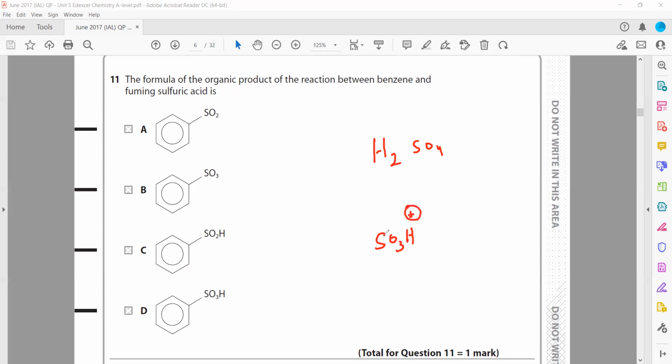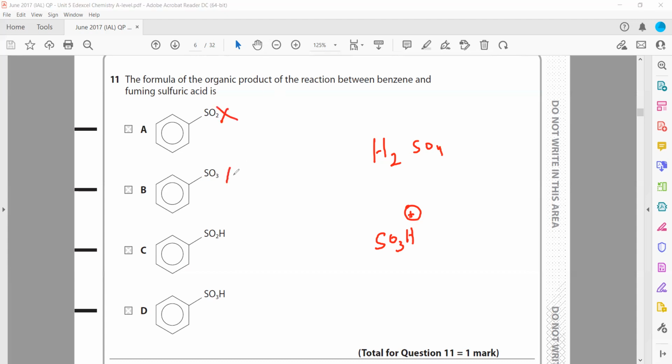And this HSO3, which is produced, will attack the benzene ring, resulting in an electrophilic substitution reaction. Benzene undergoes electrophilic substitution reaction under these conditions. So always remember, with fuming sulfuric acid, it will be benzene sulfonate.